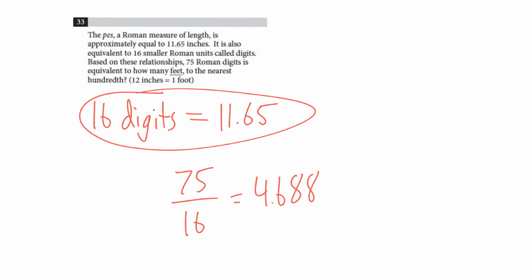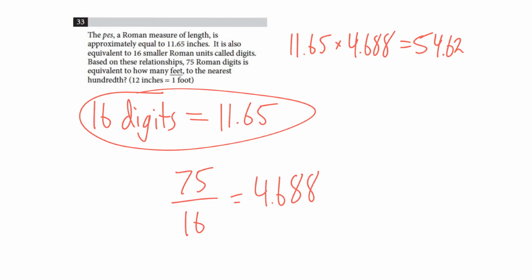Each digit group is worth 11.65 inches, so we will have 11.65 inches times 4.688. 4.688 times 11.65, we're going to have 54.62 inches.